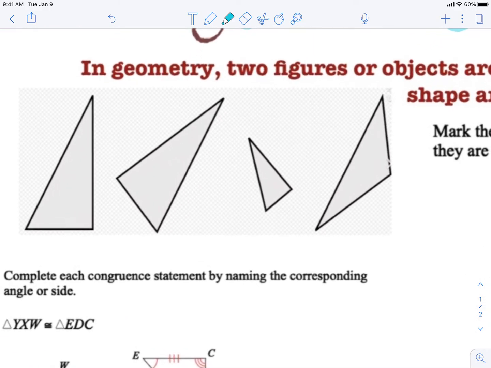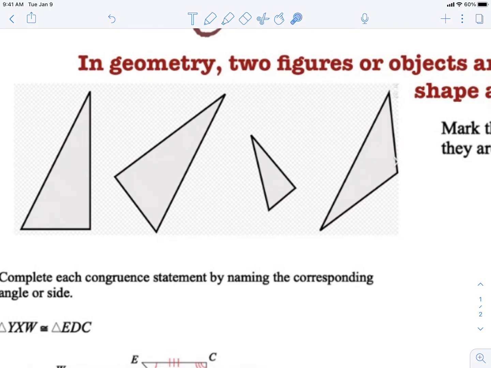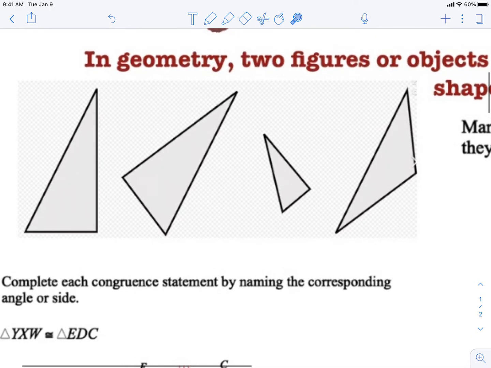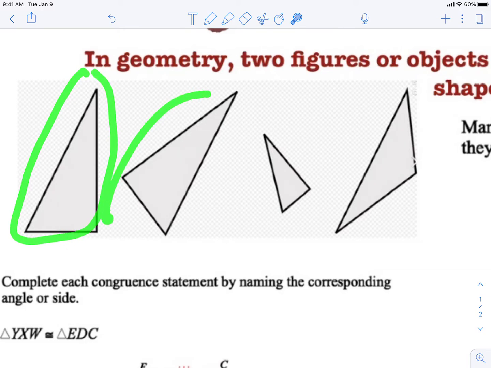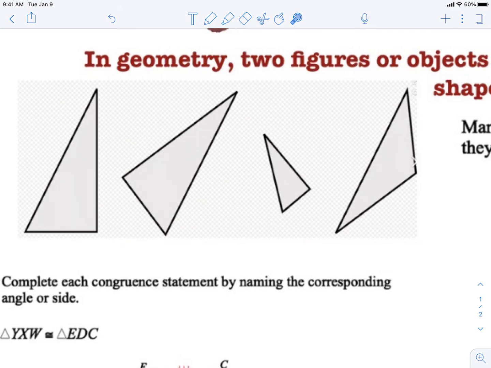So we have four triangles here. This triangle is congruent with this triangle because they're the same size and they're the same shape. This one is just flipped around and kind of tilted to the right.